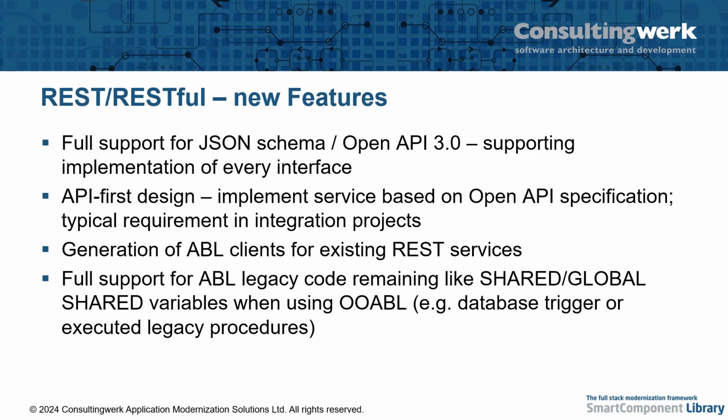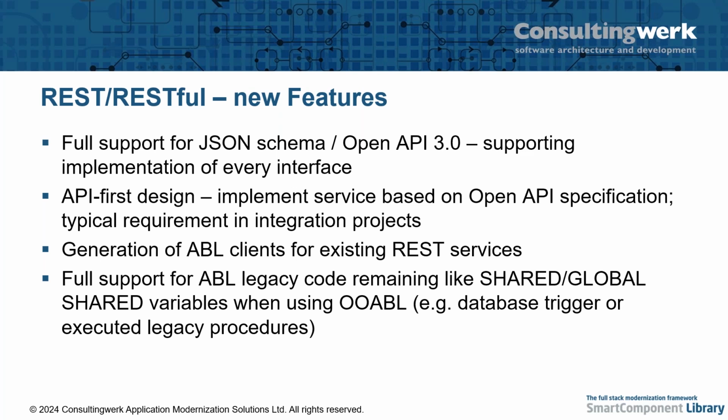And we can do that also the other way around. If you need to talk to a RESTful API or REST API, you can ask the other party to provide the Swagger file of the OpenAPI specification.